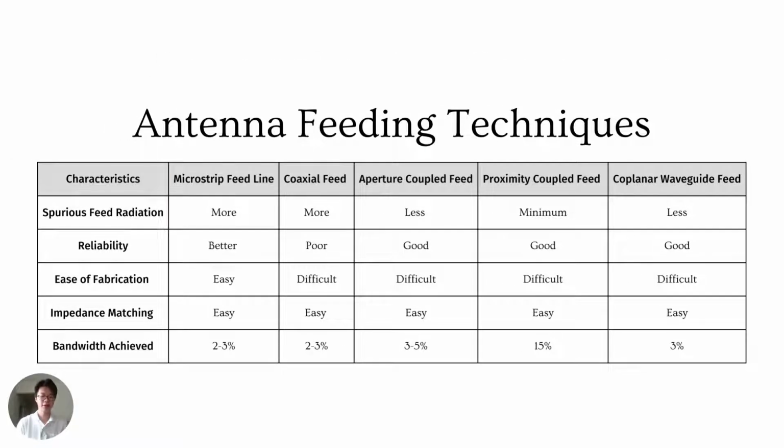To compare all the different techniques, we look at spurious field radiation, which is radiation at adjacent frequencies, reliability, ease of fabrication, impedance matching, and bandwidth achieved. For spurious field radiation, the coplanar waveguide feed has the lowest, as the ground is directly next to the patch itself, so it's able to absorb most of the spurious field.